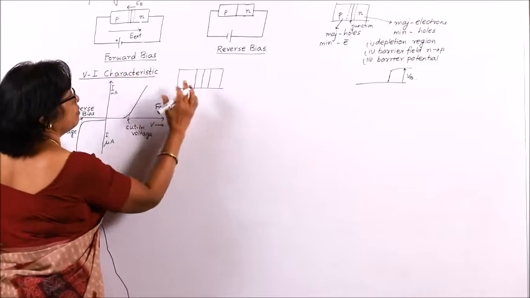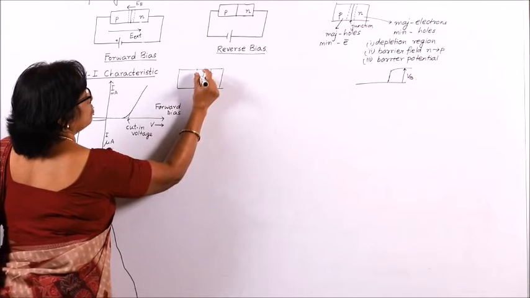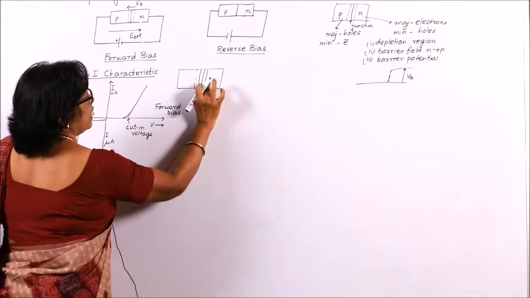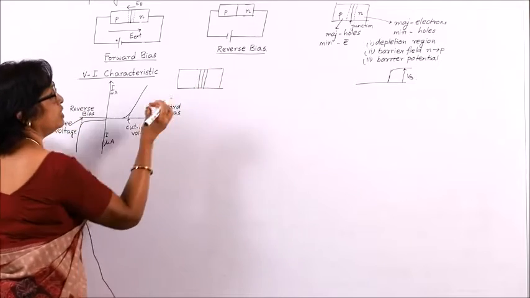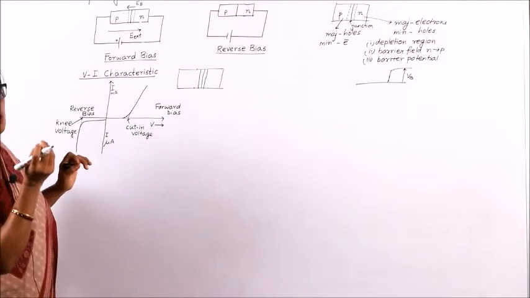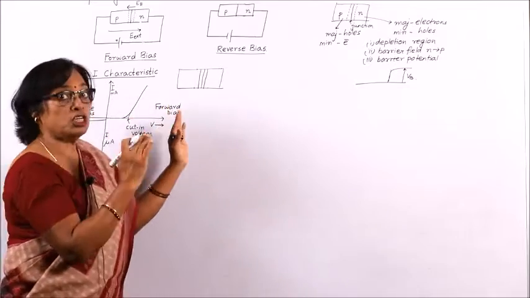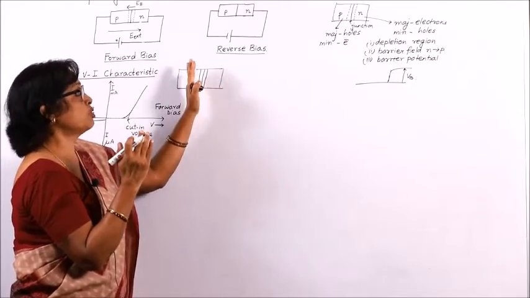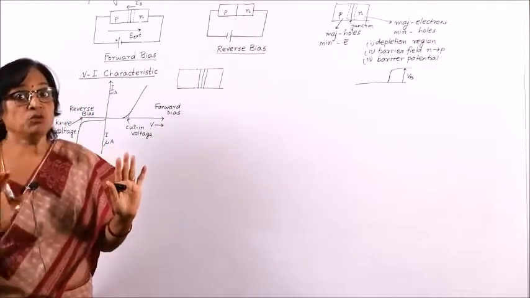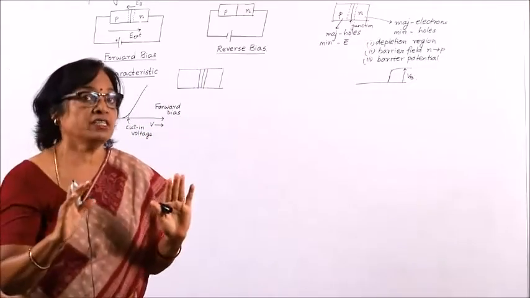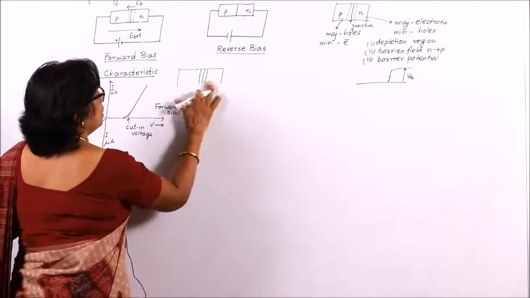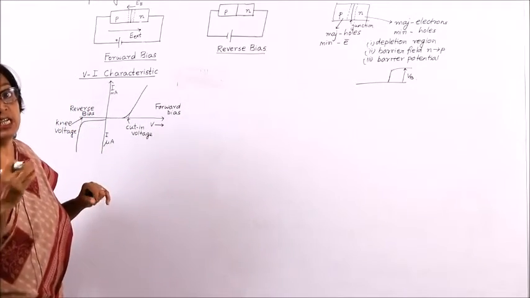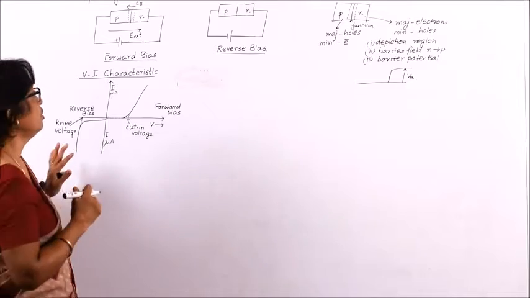When you connect forward bias, the width now becomes less. Gradually the depletion width decreases, that means the obstruction decreases. Some holes can move from here to here, but there will be no current in the circuit until the entire barrier potential is overcome by the external battery.